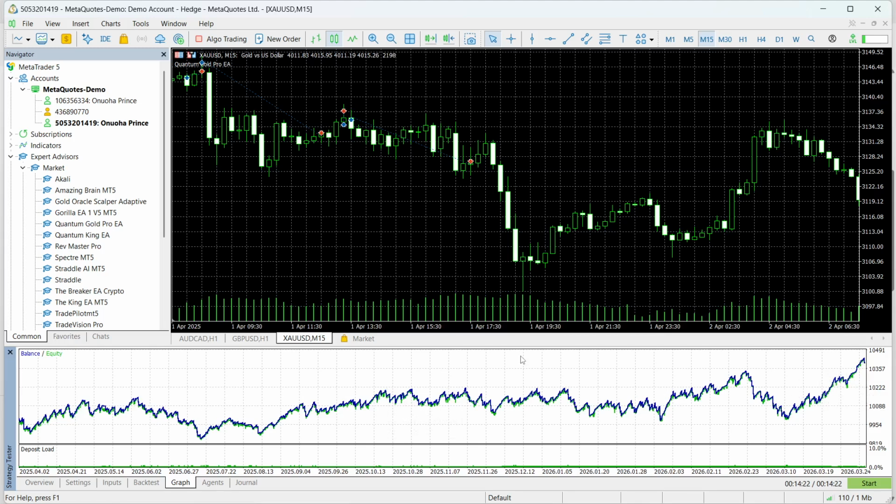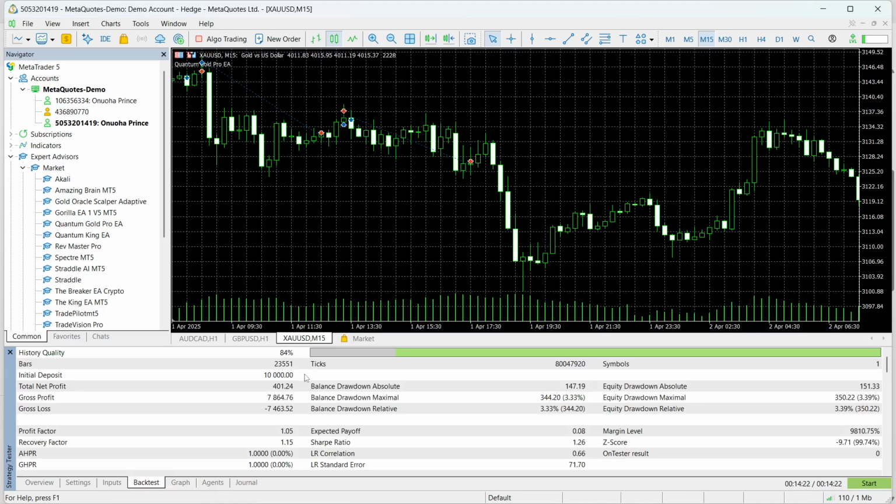And this is also reflected in the backtest results. Okay, as you can see, for the initial deposit of $10,000, we managed to end in a profit of $401, just above $401 actually.